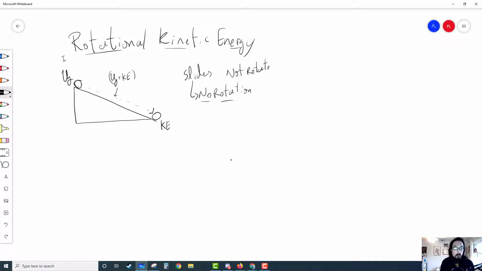So if this is phase 1, it's just gravitational potential. Phase 2 is a combination of both. And in phase 3, the only form of energy would be the kinetic energy at the bottom. Okay, so this is what we call translational energy. So translational just means that it's an object that is not rotating. It's just moving up, down, left, right, but there is no rotation.